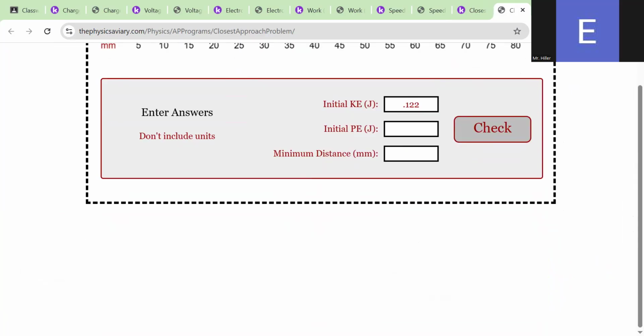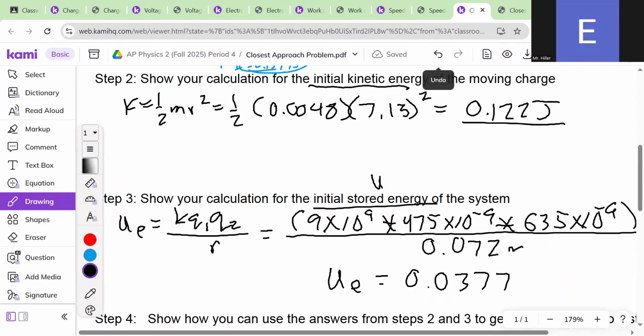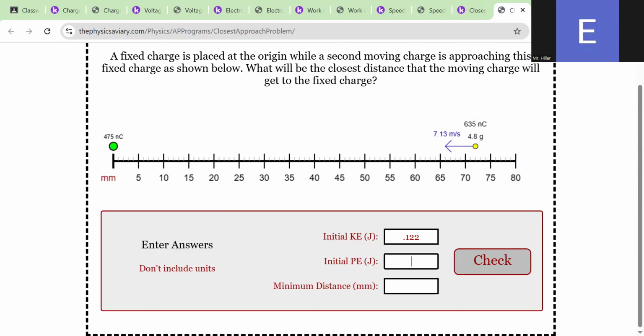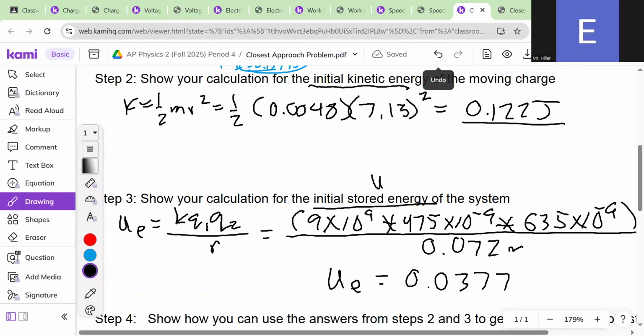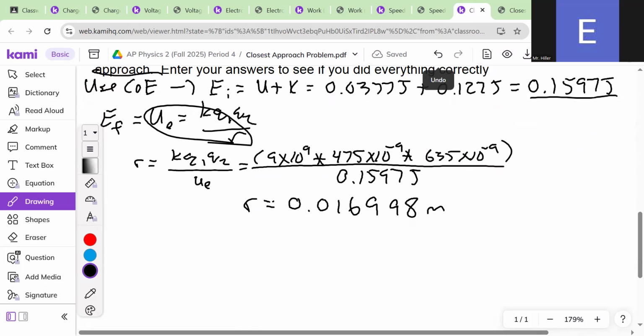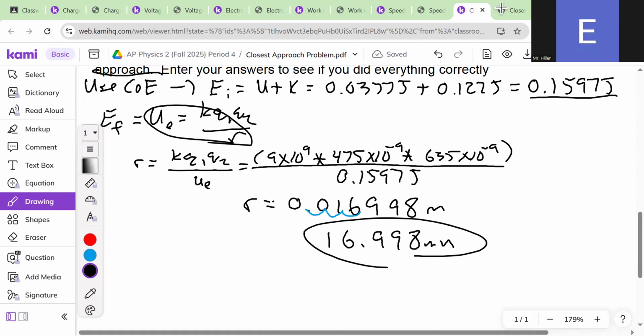My initial potential energy was 0.0377. And my distance is 0.016998, but I've got to move that 3 spaces this way to go from meters to millimeters. So that's 16.998 millimeters.